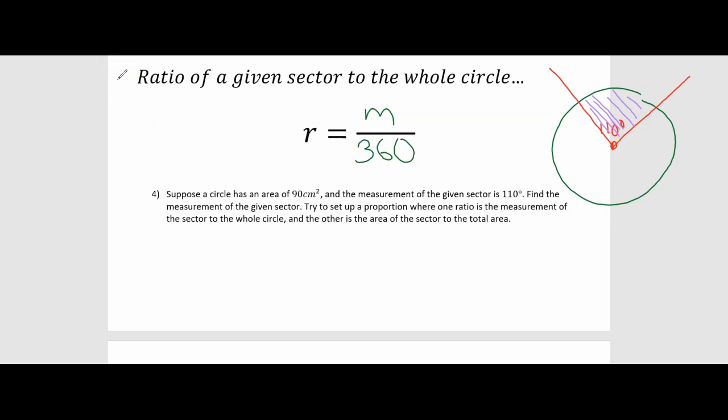There's other ways to do this. But if you know that the entire area is 90 square centimeters, could you figure out the area of the purple? So 90 centimeters squared total, area of the purple, that's our goal. So pause the video, see if you can do that, and then we'll have a discussion.